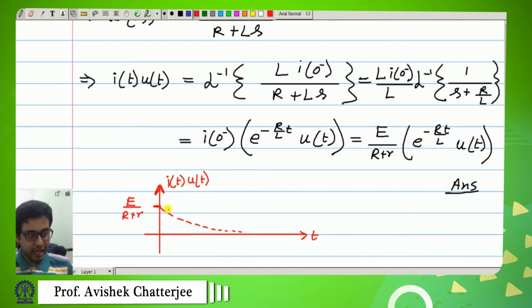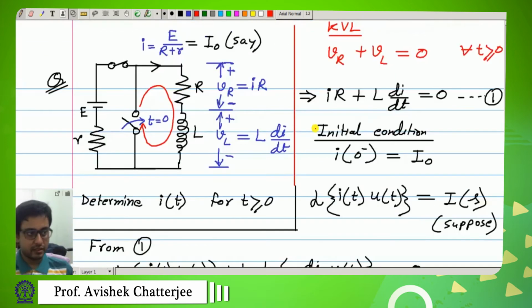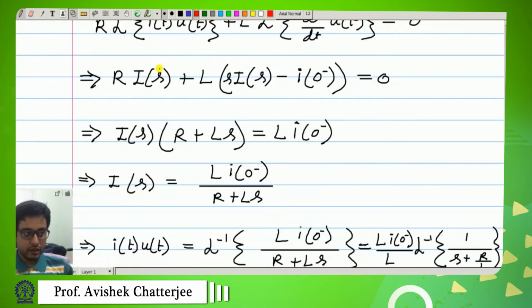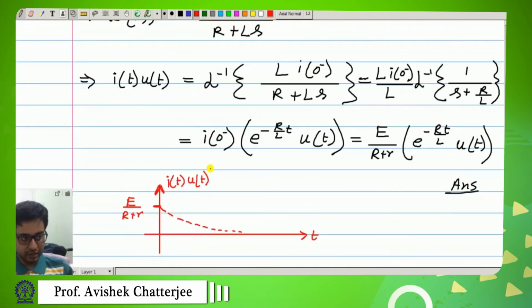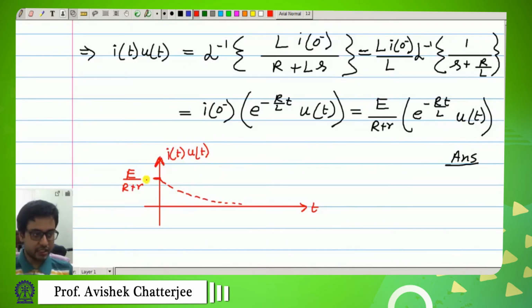The left side, we cannot say from this calculation. We know from our circuit knowledge that this circuit was in steady state and some constant current was flowing. That we know, but from the solution of this differential equation, we cannot say anything about the left side part. We can only say about the portion starting from time 0 and afterwards.